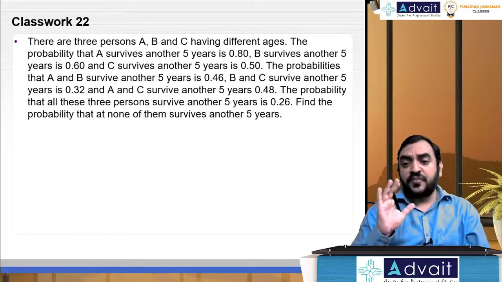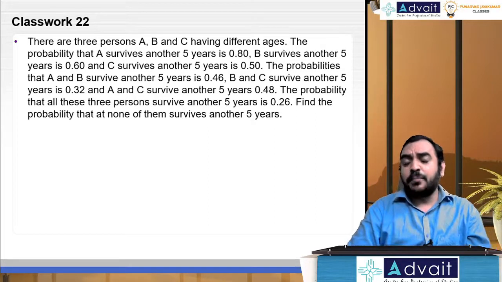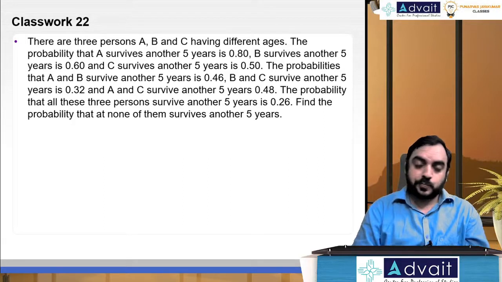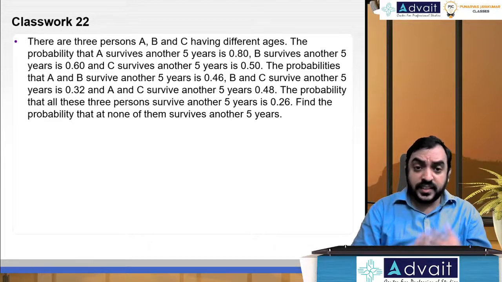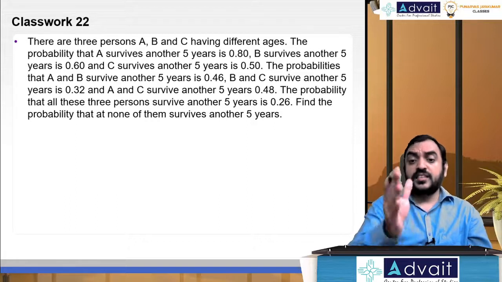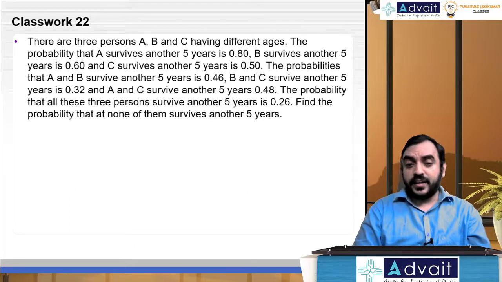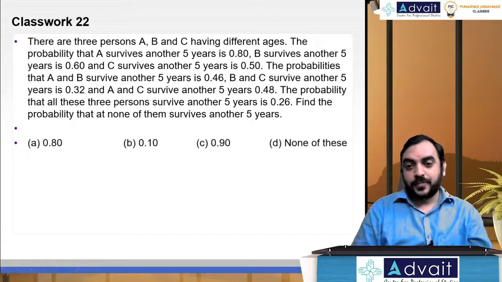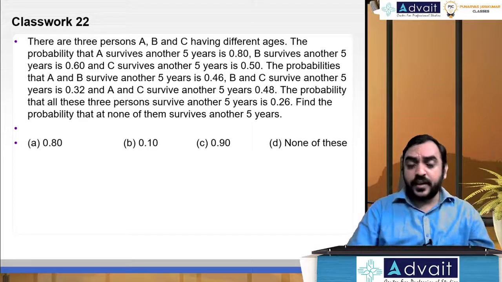Now, first of all, my dear friends, in this case, A, B, C, are the events dependent or independent? What do you think? They are not independent. Why? If they are independent, A into B should be what? Probability of A is 0.8, probability of B is 0.6.